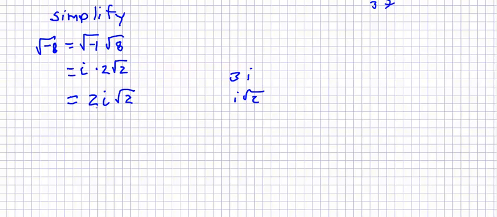So let's look at one more. The square root of negative 16 is i times the square root of 16, which is 4. It's equal to 4i. The square root of negative 16 is 4i.